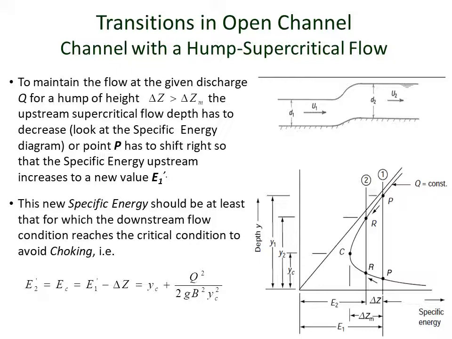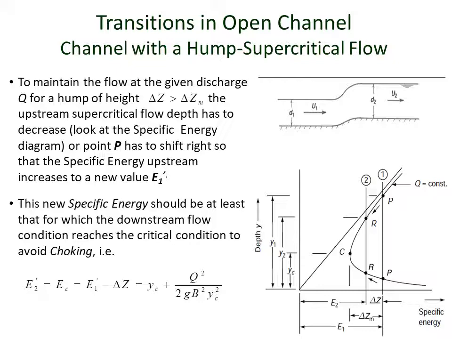Decreasing the flow depth in the supercritical regime of flow means that you are increasing the specific energy, and the new increased specific energy is E1 prime. With this new specific energy, the flow will continue, and the downstream flow condition will be at least the critical condition.